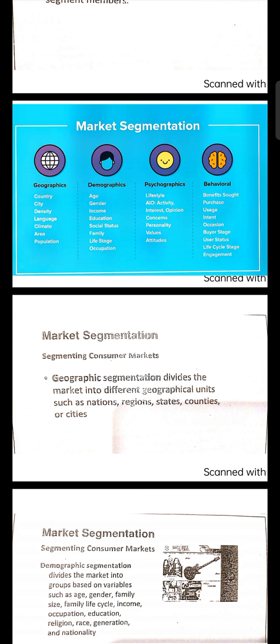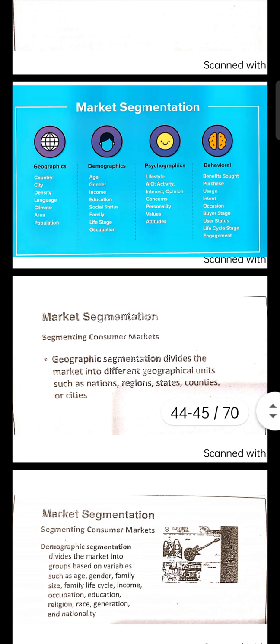Geographic could be country, city, density, language, climate, area, population. Demographic could be age, gender, income, education background, social status, family background, life stage, occupation.